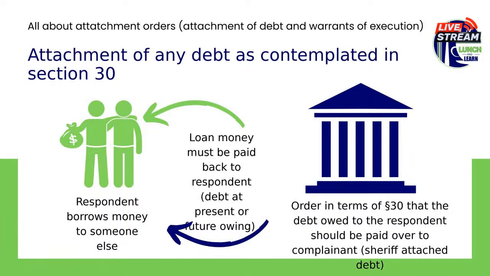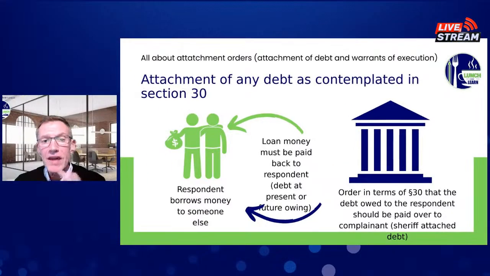That loan amount needs to be paid back to the respondent. That could be debt that is due at present, or it might be in the future. They could come to an arrangement, I'll pay you back within a year, or whatever the case might be. So that is debt that is either present or future owing.